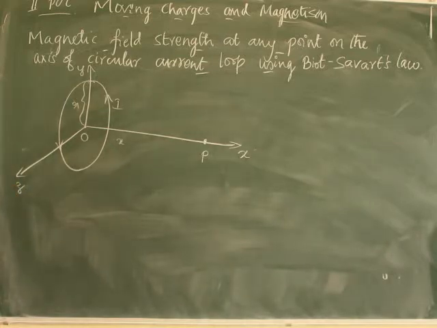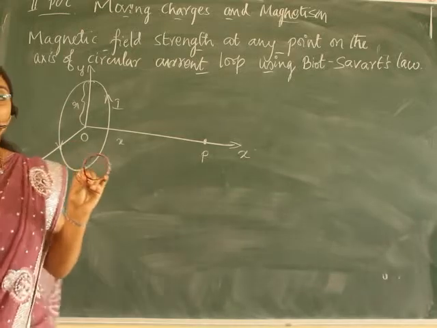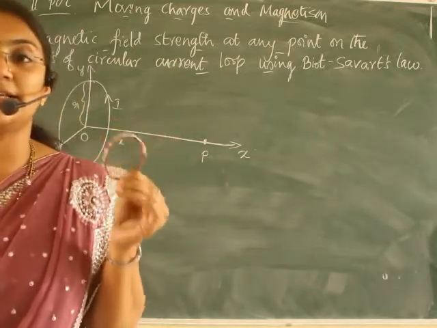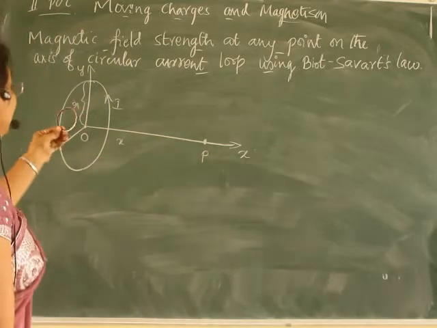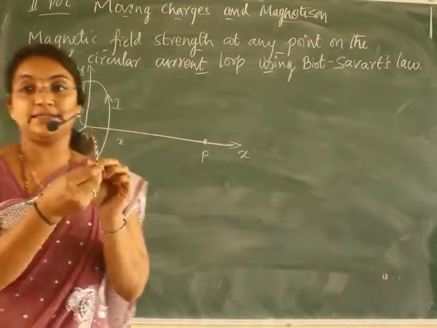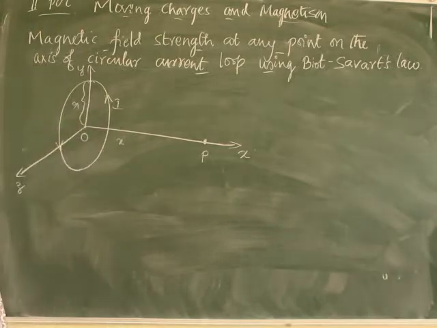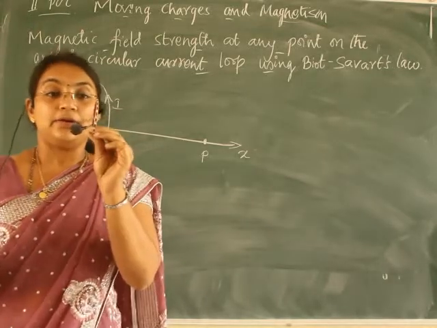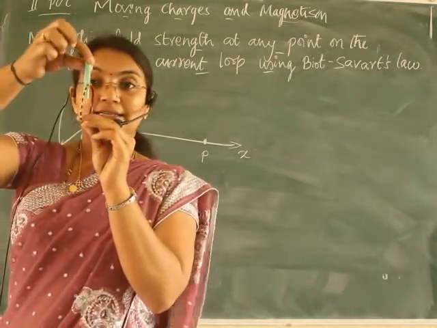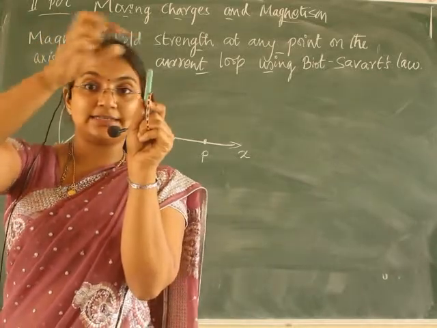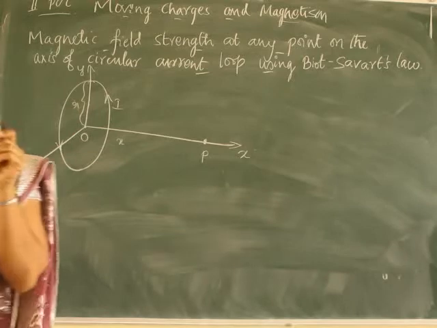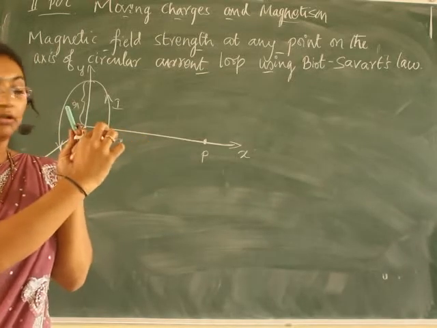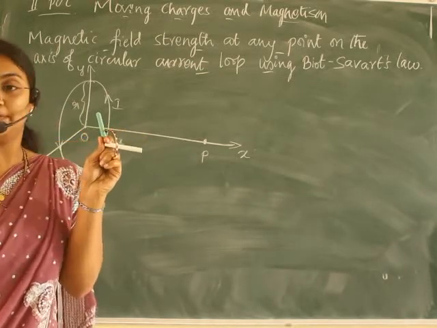See, this is just like if we have a circular coil like this. Let me consider this as a circular coil. This coil is placed like this. Then this is our y-axis, our x-axis is like this, then z-axis will be like this.